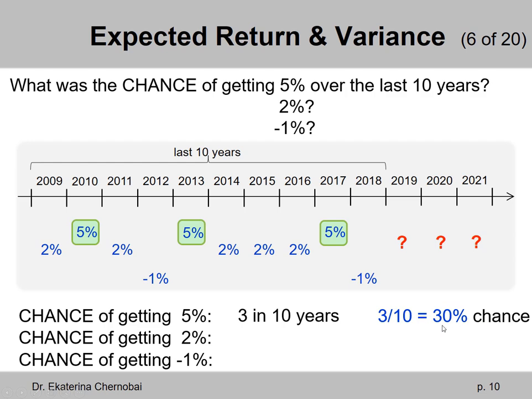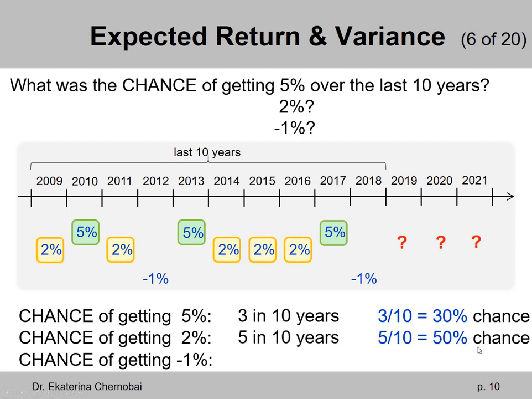So there was a 30% chance of making 5% more money on your stock investment over 1 year during the last 10 years. Similarly, what was the chance of getting a 2% return on your money? Again, let's count how many times over the last 10 years we had the return of 2%. 1, 2, 3, 4, 5. In 5 out of 10 years.